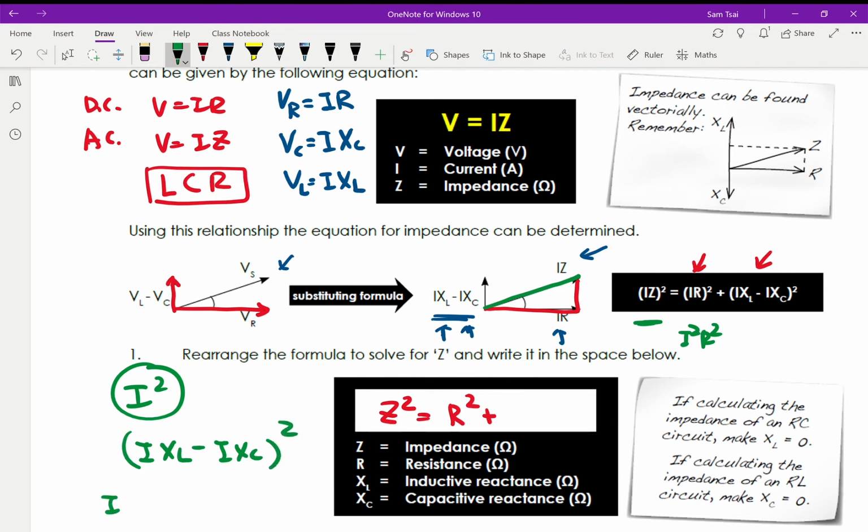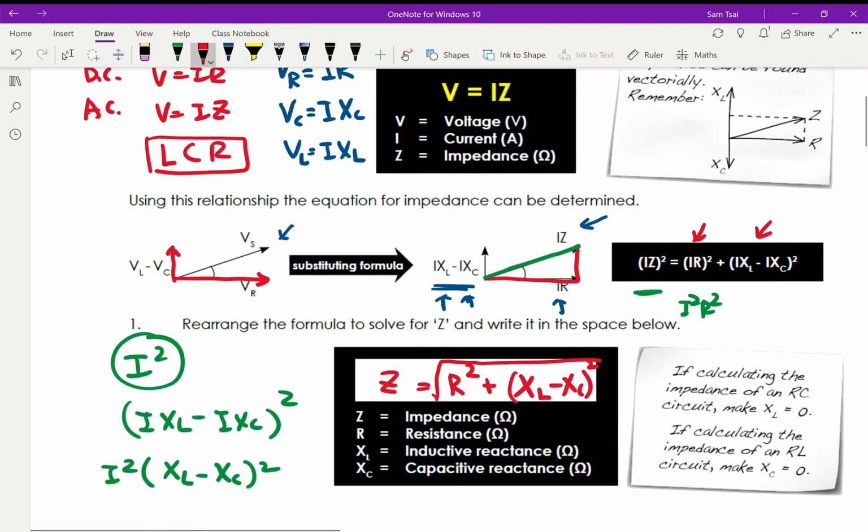We can take I squared out, and the rest will be XL minus XC squared. So we put this here: XL minus XC, squared. If you take the square out, you can add a root here, so they are the same thing. It's quite easy to get the impedance from the circuit.